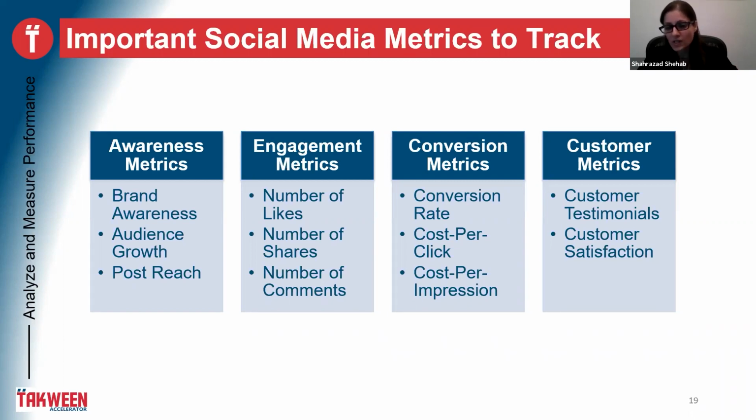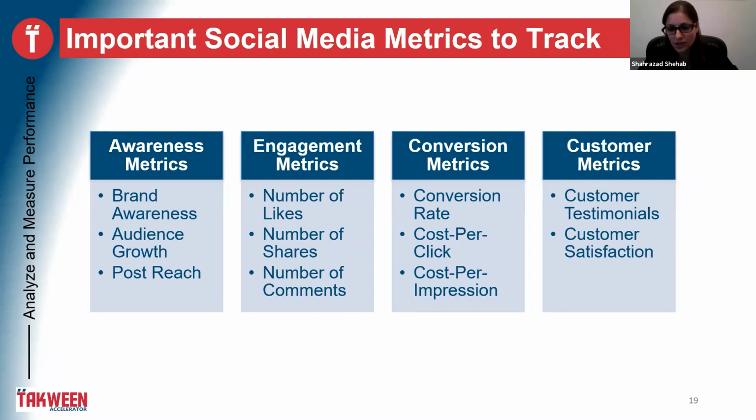Cost per click, or CPC, is the amount you pay per individual click on your sponsored social media posts. Cost per impression, or the CPM, is the amount you pay every time people scroll past your sponsored social media post.